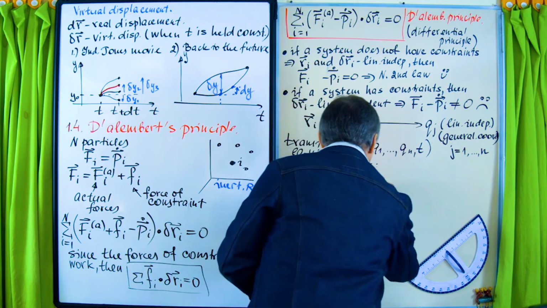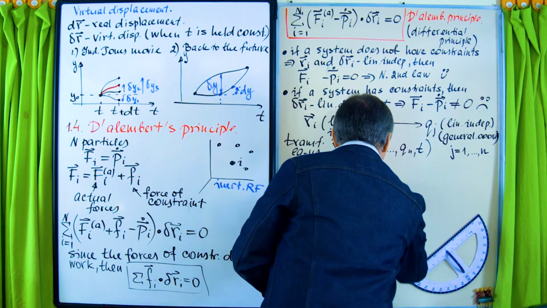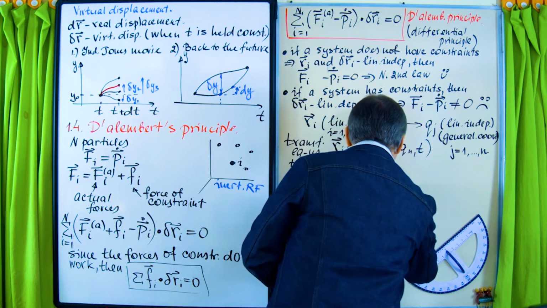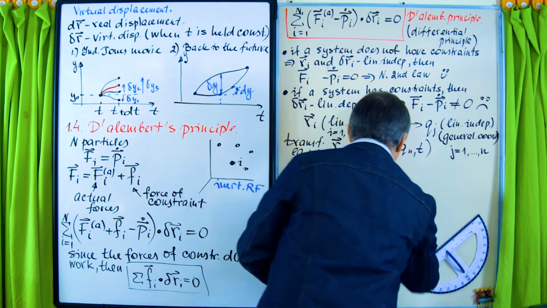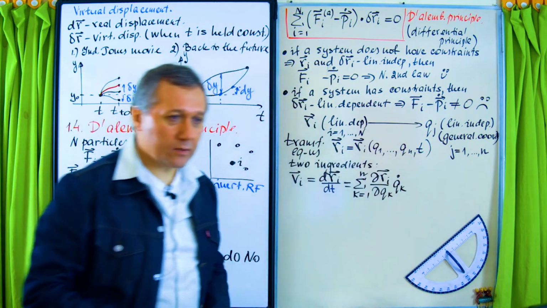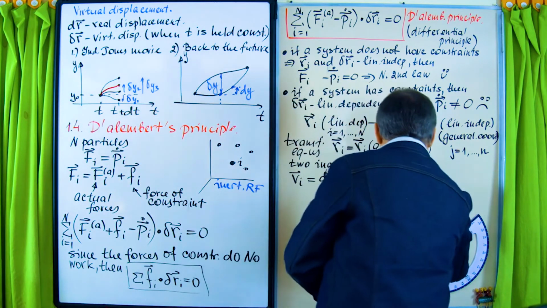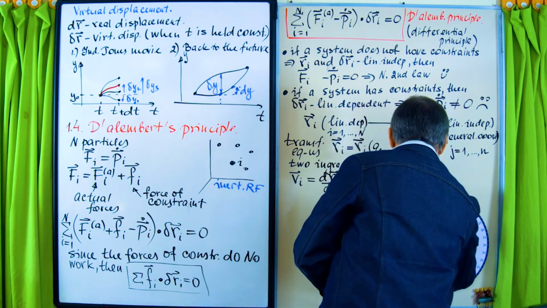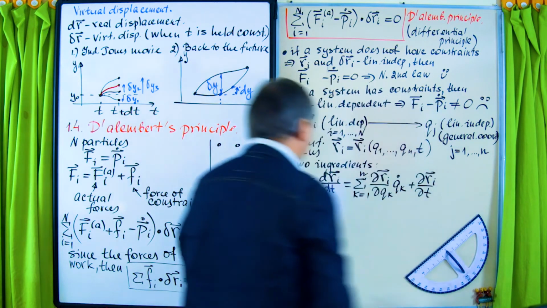It will be the partial derivative of r_i with respect to q_k, times q_k dot. And then since explicit time dependence is possible, I can write the partial derivative of r_i with respect to t.